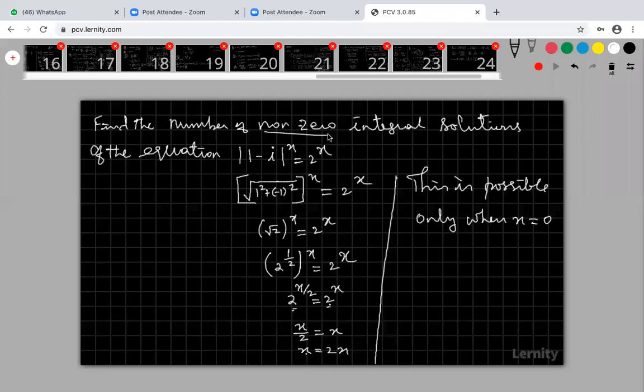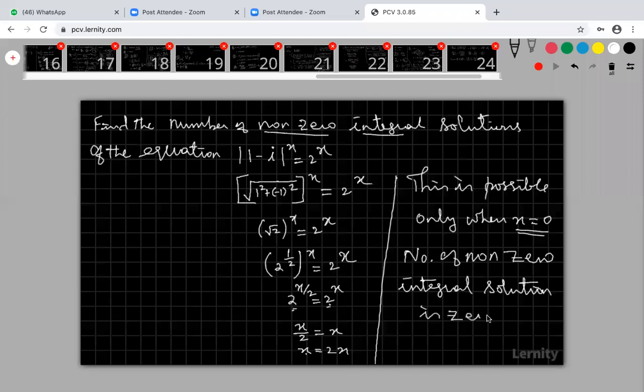But look at the question. What is the question? Find the number of non-zero integral solutions, but I am getting the 0 solution only. So the number of non-zero integral solutions is 0. No solution is there.